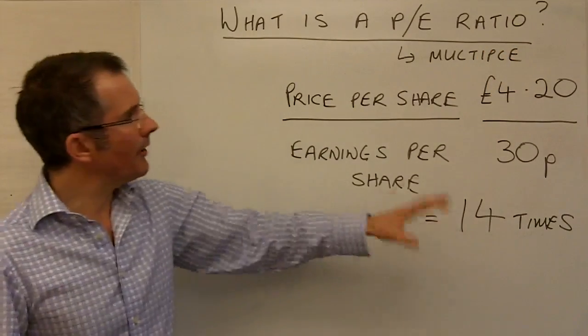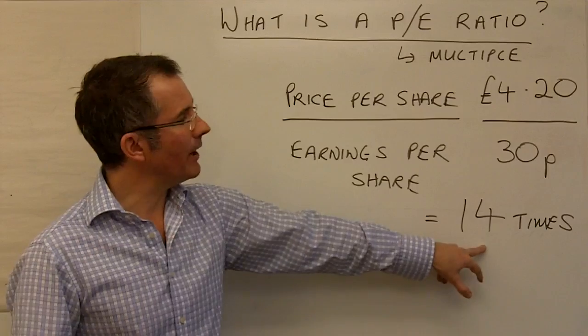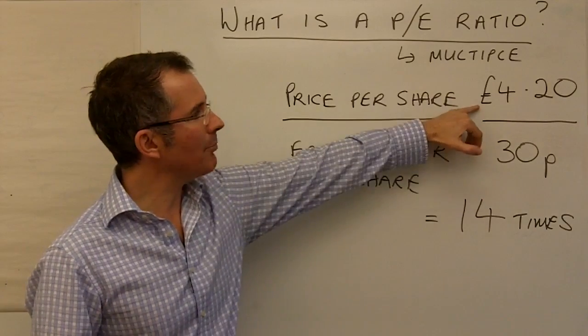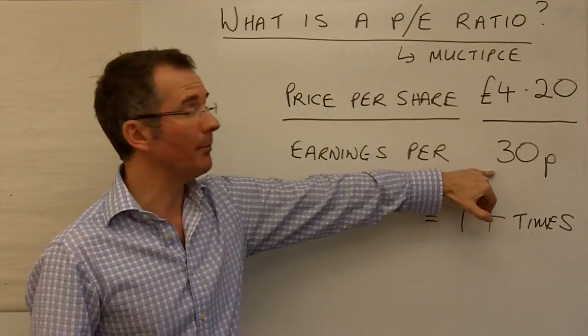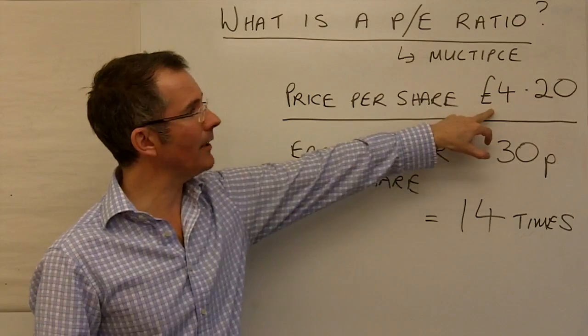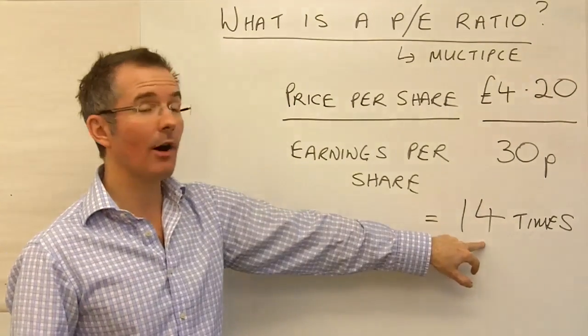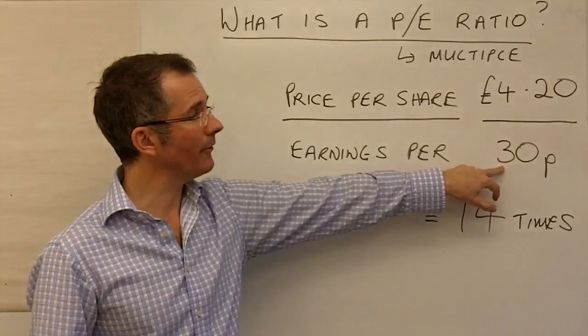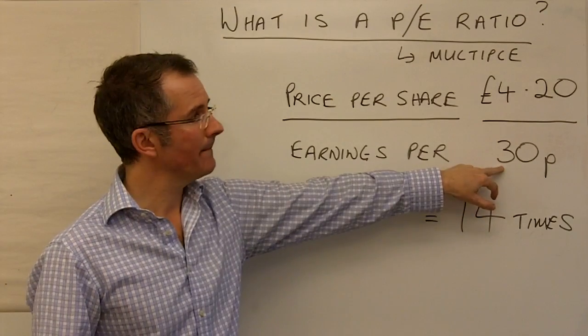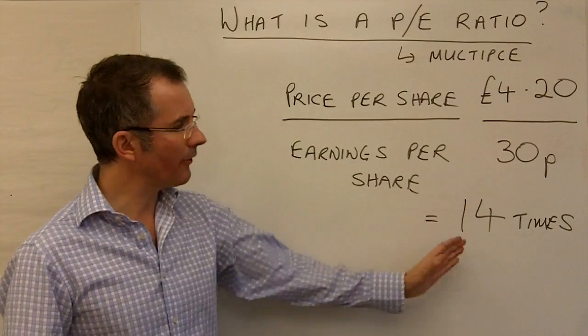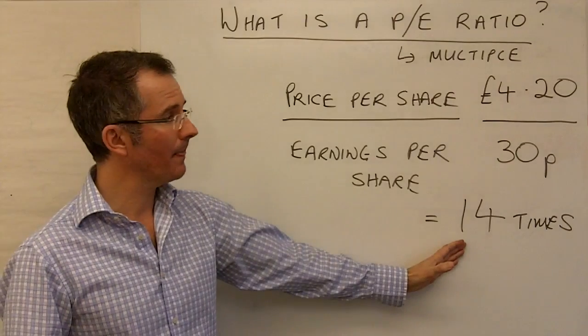So what we're saying is there is a number called the PE ratio that looks at the share price in earnings terms. In other words, if you pay £4.20 to buy Tesco right now, you are paying 14 times 1 year's earnings to get it. And I suppose the question is, does that mean you should buy it or not?